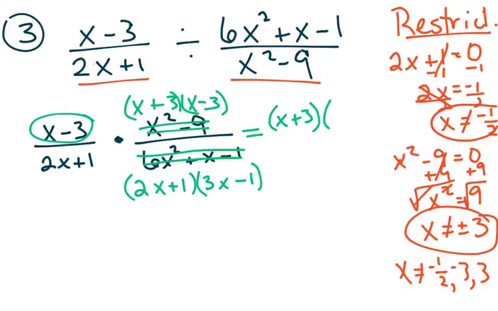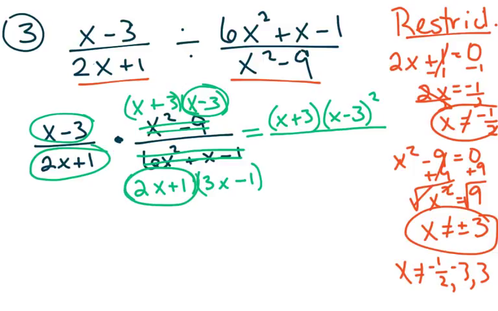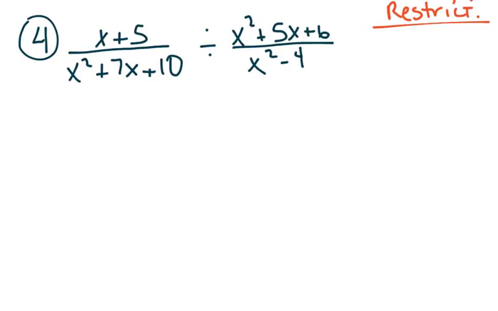I have x minus 3 twice, so I'm going to write that as x minus 3 squared to save some room. I've got a 2x plus 1 and a 2x plus 1 here. 2x plus 1 squared times 3x minus 1. Let's do one more. So yeah, they can actually end up pretty ugly if nothing cancels out.